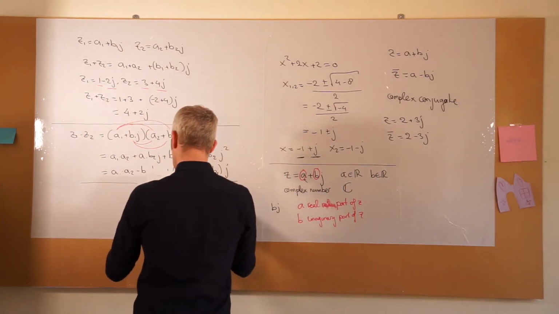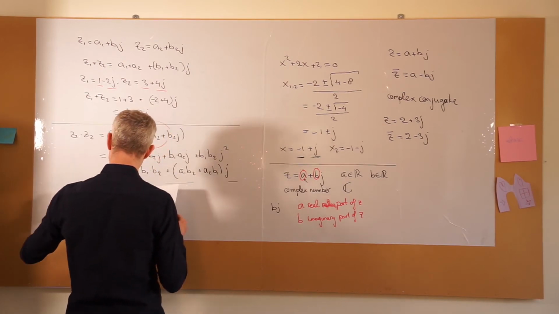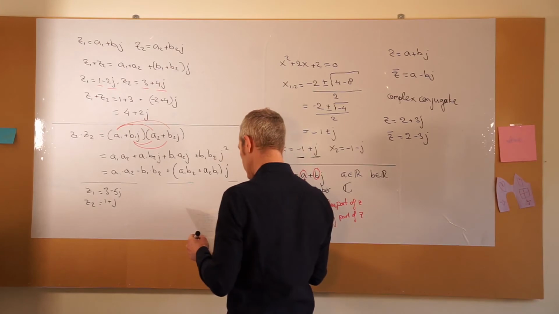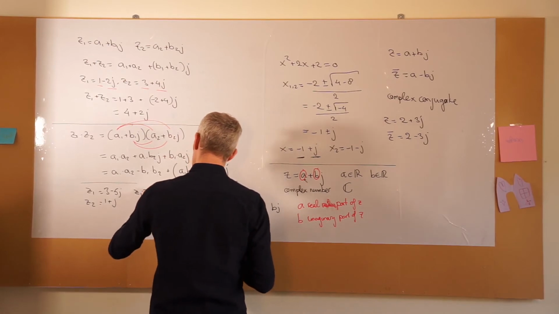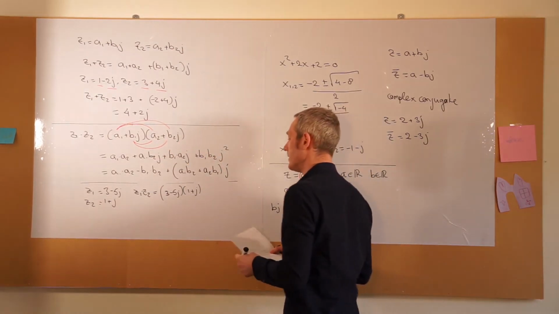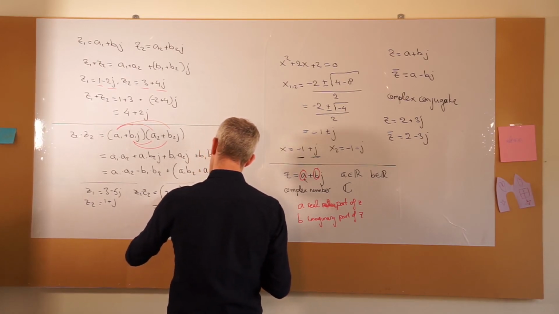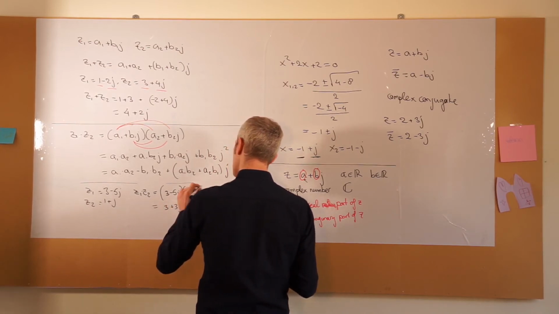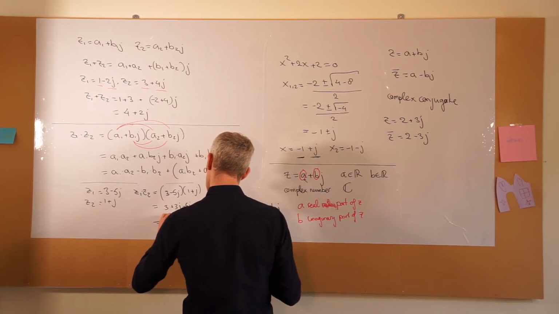As an example, we can take z1 is 3 minus 5j and z2 is 1 plus j, and we can multiply these two. z1 times z2 is equal to 3 minus 5j times 1 plus j, and I multiply this in the same way I did before and end up with 3 plus 3j minus 5j plus minus 5 times j squared, and j squared is minus 1, so this will give me plus 5 equals 8 minus 2j.